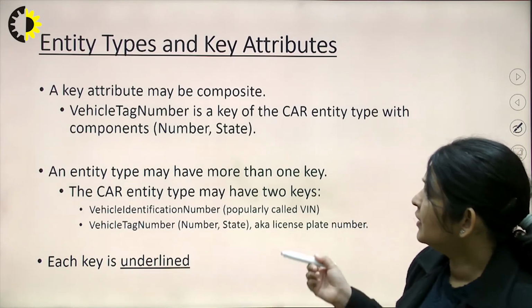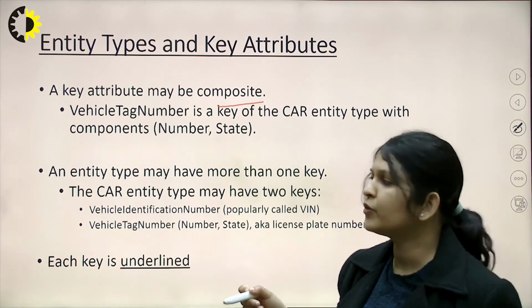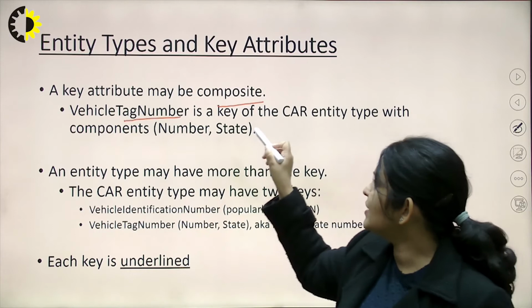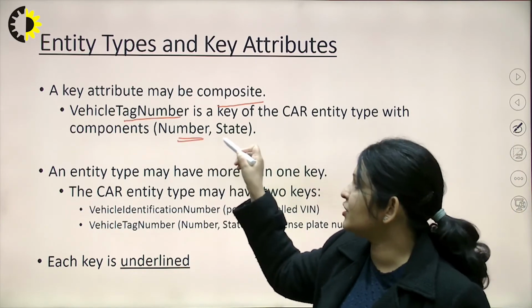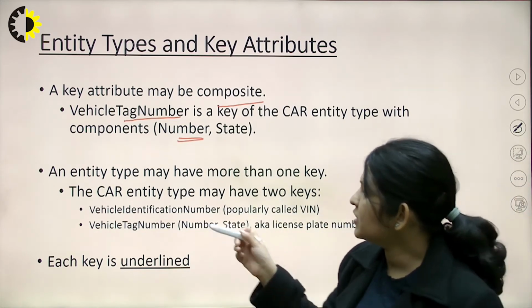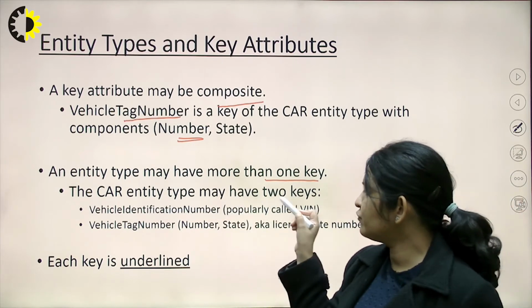Then a key attribute may be composite also, that is, it may be composed of more than one attribute. Vehicle tag number is a key of the car entity type with the components number and the state to which that particular vehicle belongs. So an entity type may have more than one key. The car entity type may have 2 keys.